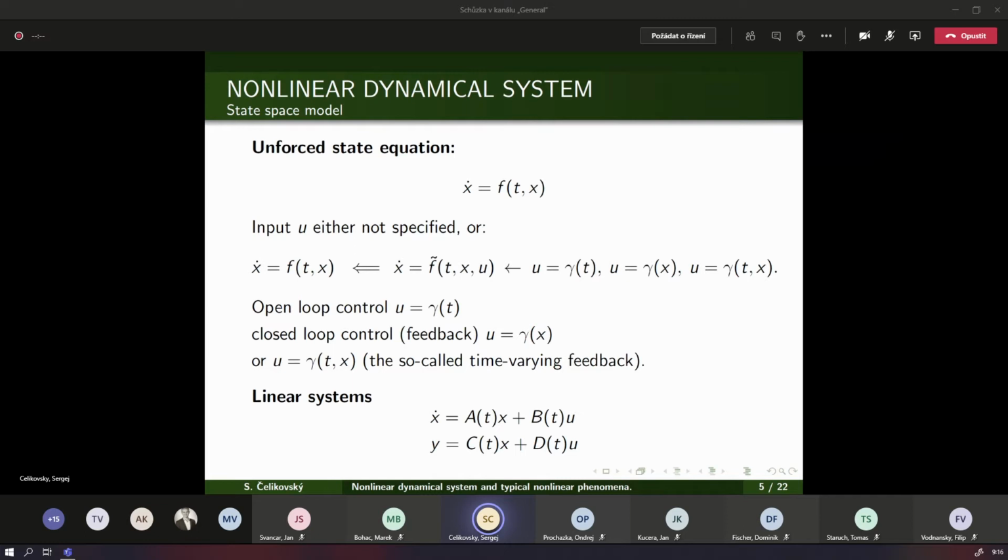And in general, they may depend on time, but the majority of good linear theory is known only for time invariant systems, when coefficients of these matrices are constant. Otherwise, when there is complicated behavior with respect to time, then it is also a very complex problem to study.